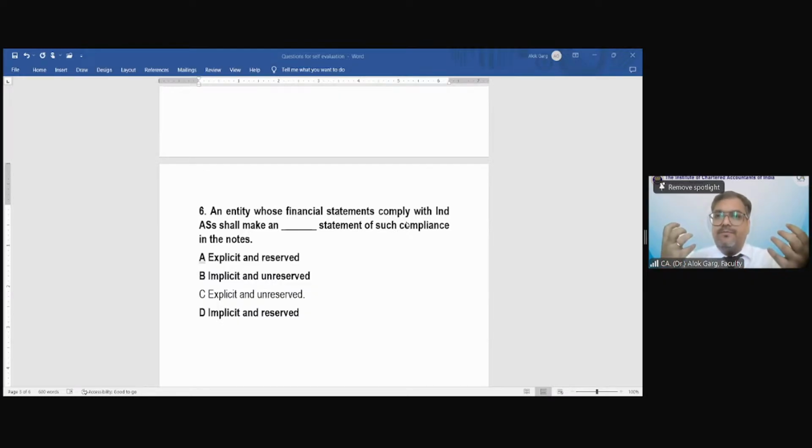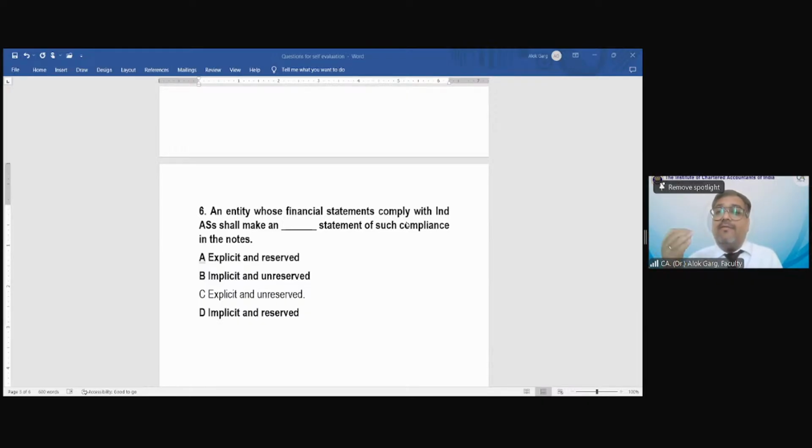Then we discussed the general features required in terms of structure and content, like name of the company, rounding of levels, currency. All these aspects we have discussed. We discussed the structure and content of the balance sheet, statement of profit and loss including other comprehensive income, statement of changes in equity, and notes to accounts, which include the statement of compliance, accounting policies, and the schedules for the balance sheet and statement of profit and loss.